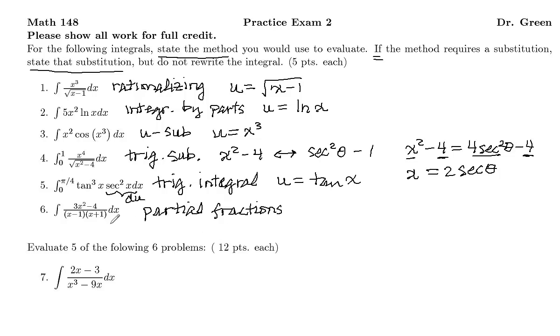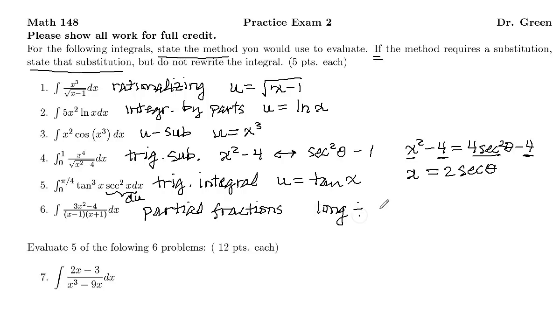Now, just for practice here, let's look at what the partial fraction decomposition would be. Well, actually here, if we multiply this out on the bottom, we'll have an x squared and we get an x squared on the top. So the first step there would be to do long division. You don't need to write this down, but I'm just trying to give you some insight.